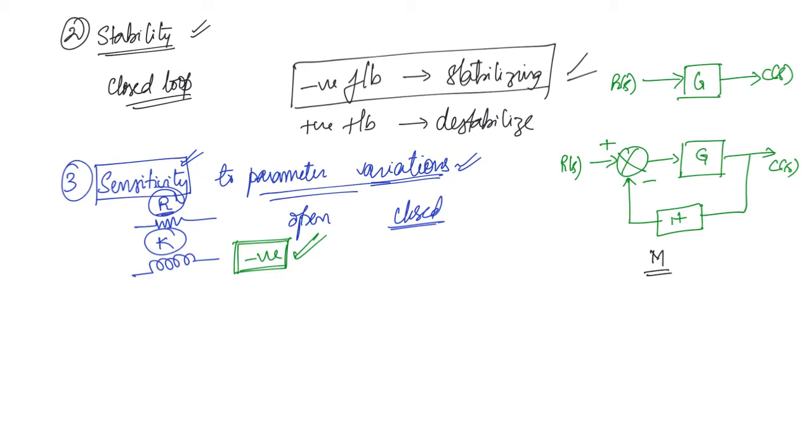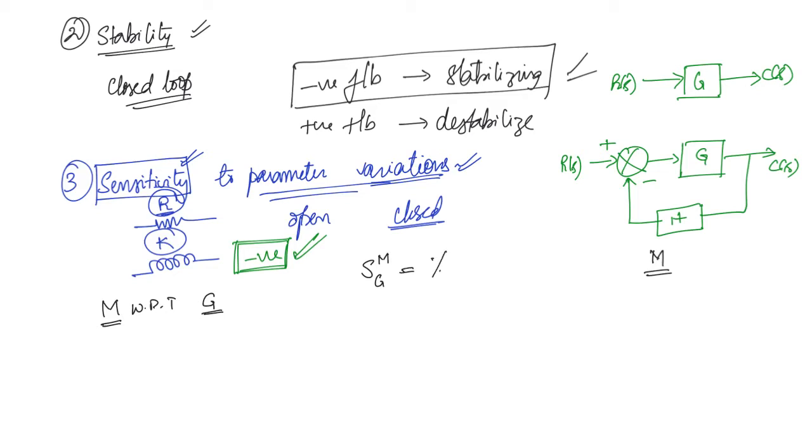Now the sensitivity of M with respect to, first we will consider the forward path transfer function. So for any variations in G, how will M vary? For this we will define one expression as S_G^M.